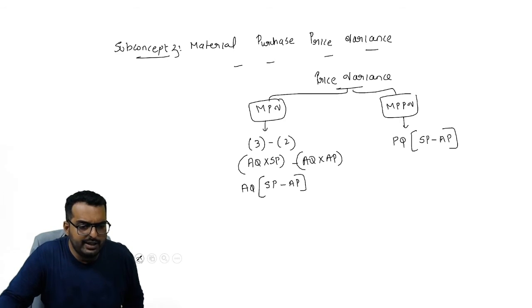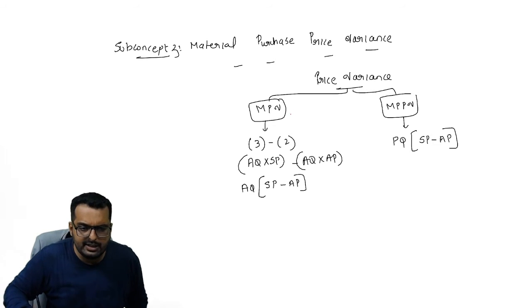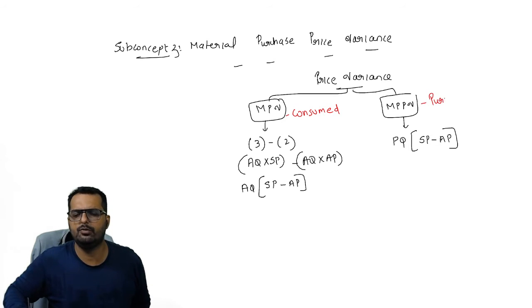Wonderful. Price variance is for whatever material is consumed, whereas MPPV is for the material purchased.